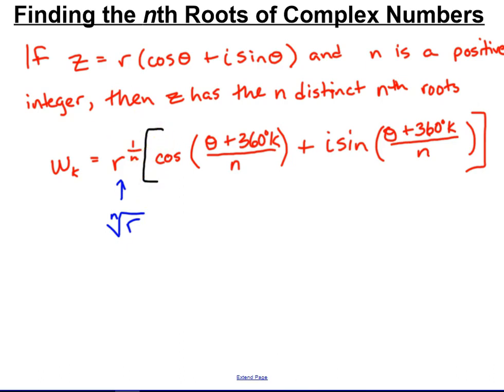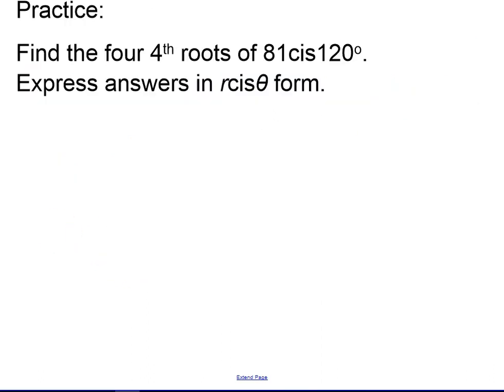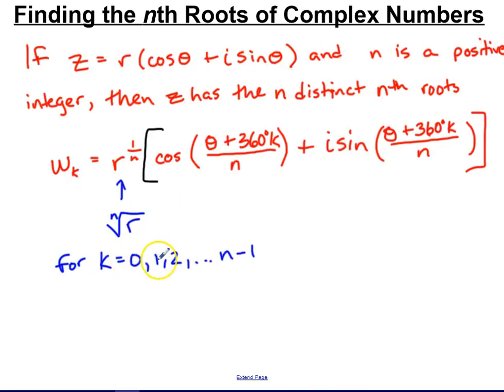What we need to say is you can have multiple trips around, coterminal angles for that theta, for various values of k. In other words, where k is equal to 0, 1, 2, all the way up to n minus 1. So if we're speaking about the nth root, you can have n of these because we're starting at 0. For the one we're going to look at, the fourth root, k can be 0, 1, 2, 3, all the way up to n minus 1.